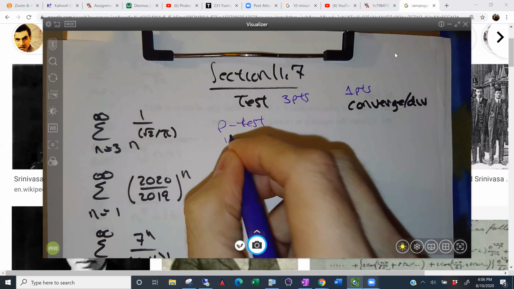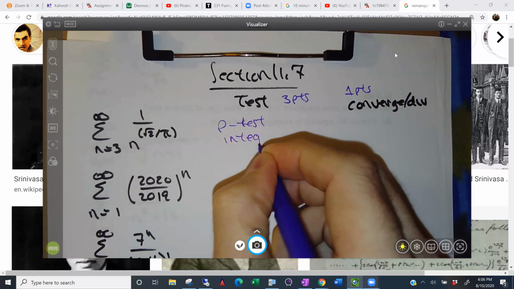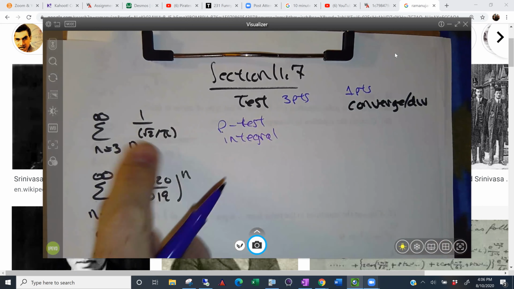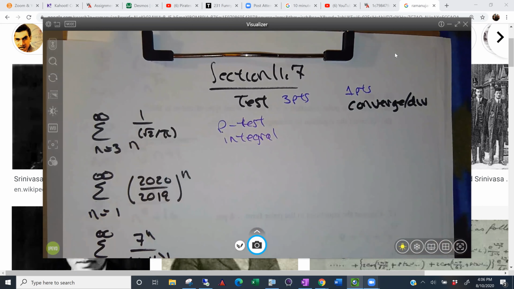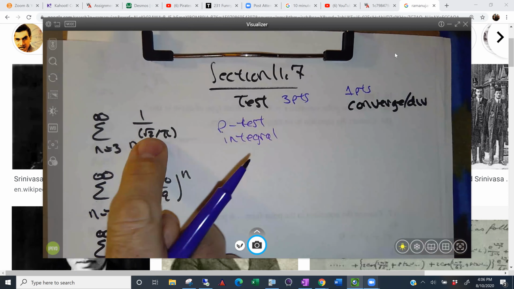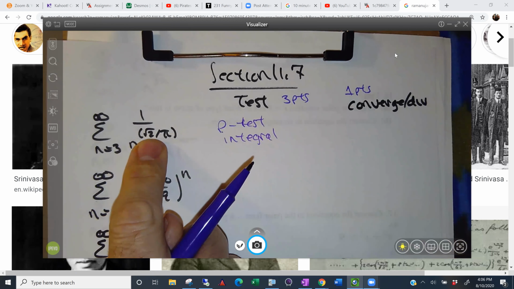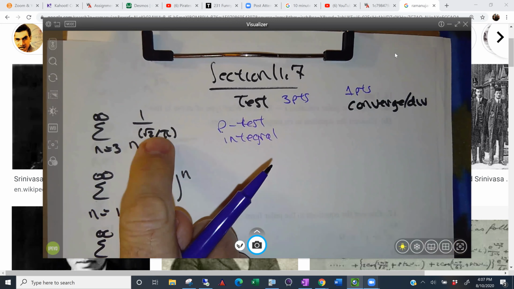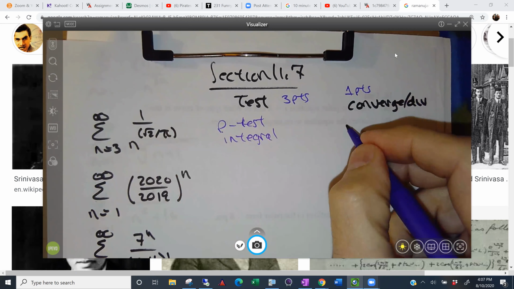I would also accept maybe the integral test, because you could integrate that one. Is it going to converge or diverge? Well, square root of 2, is that bigger than pi or no? Smaller than pi, so p is less than 1. Yeah, p is less than 1, so it diverges.